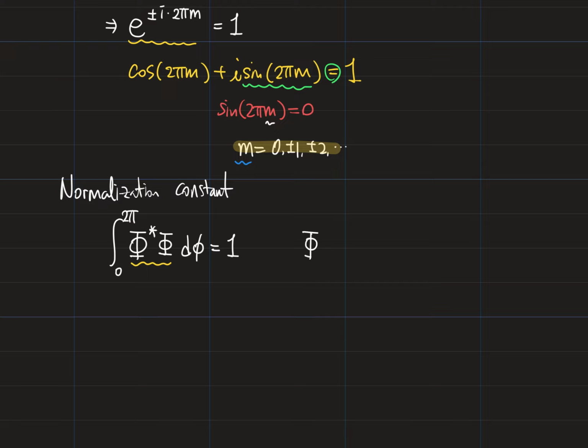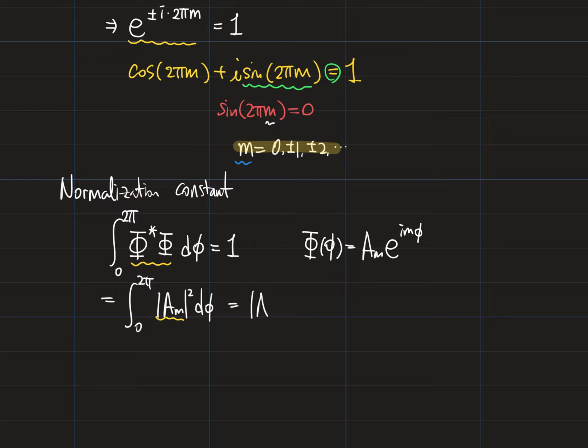So the capital P looks like AM multiplied by e^{imp}. If you take the complex conjugate and multiply these two, this is simply AM square, and this is just a constant that doesn't depend on the variable p.